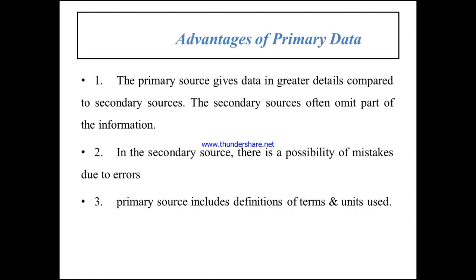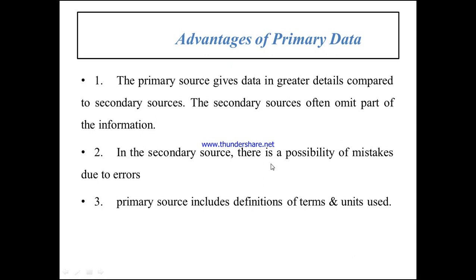What are the advantages of primary data? As a primary source, it provides us with greater details. We can have great details of data from the primary one, but the secondary sources omit some part of the information. The other advantage is that in the secondary source there is a possibility of mistakes.